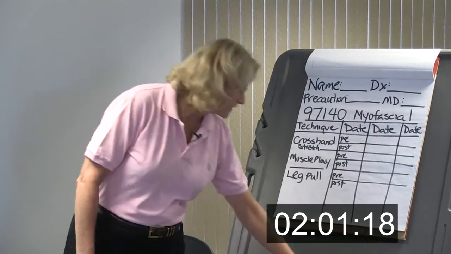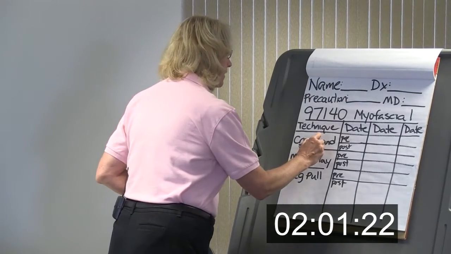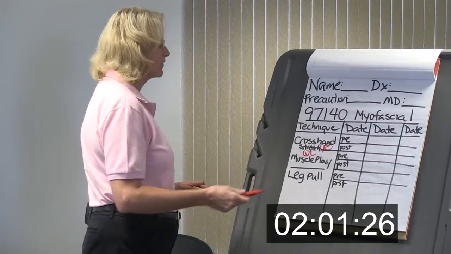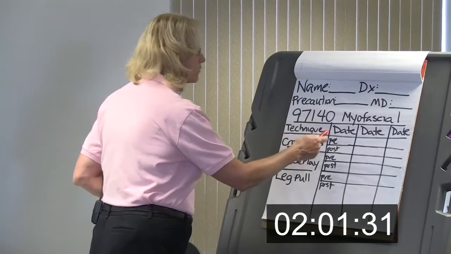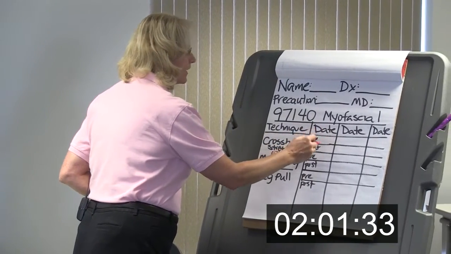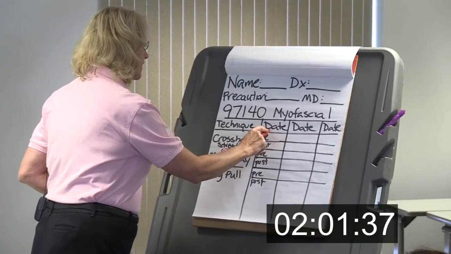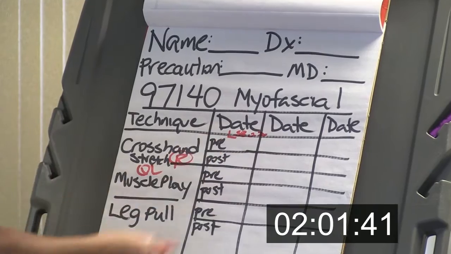Say today I did a cross hand stretch to the right quadratus lumborum, the right QL, that was limited. Elsewhere in my note I have the exam that shows limitation. So pre-treatment, and again, I don't have room here on the board, it would say, say, left side bending 0 to 20.